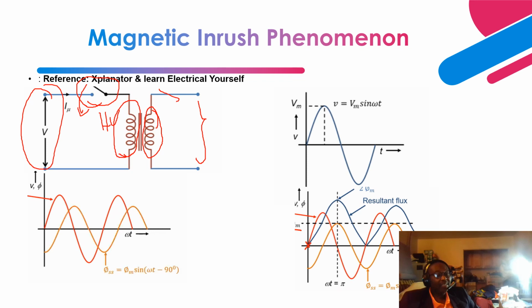So no current is going to flow. We don't have a load connected. So we will have an induced voltage in the high voltage winding, and another induced voltage in the low voltage winding, but current is not going to flow. So what is the differential relay going to see? The differential relay is going to see a current flowing on the high voltage side, but no current flowing on the low voltage side.